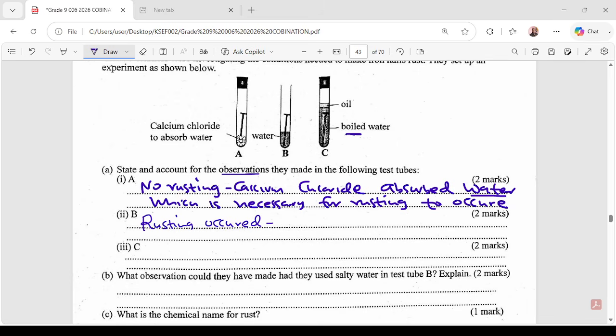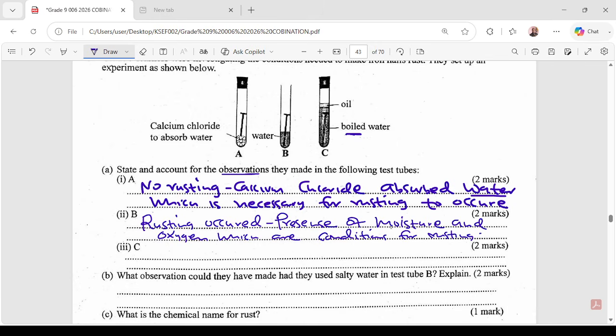The reason is the presence of moisture and oxygen, which are conditions for rusting.